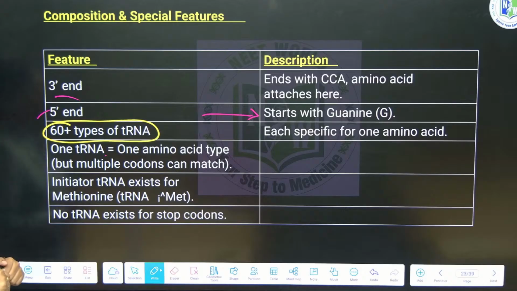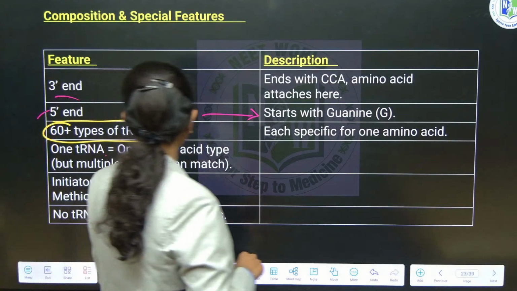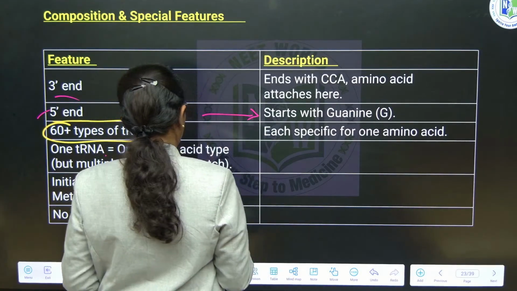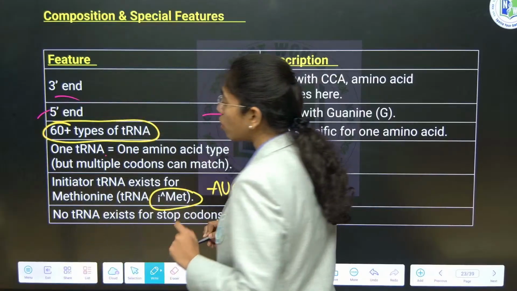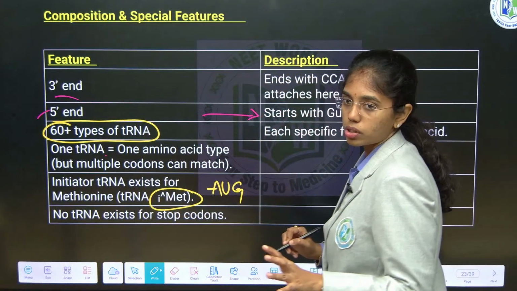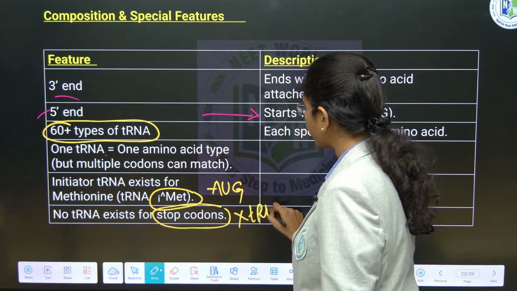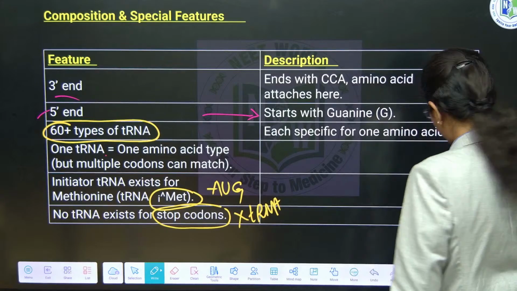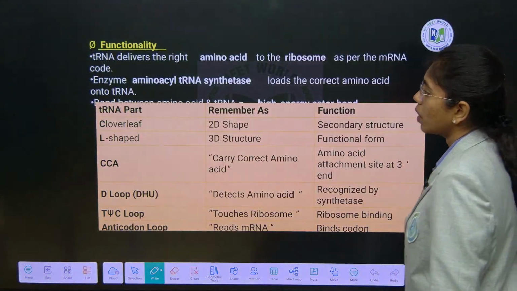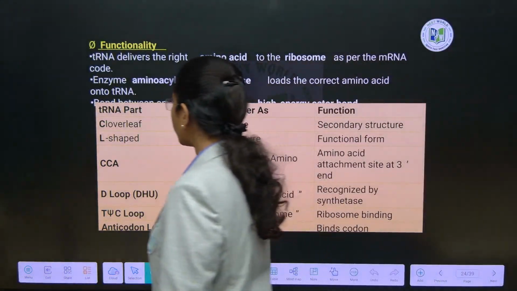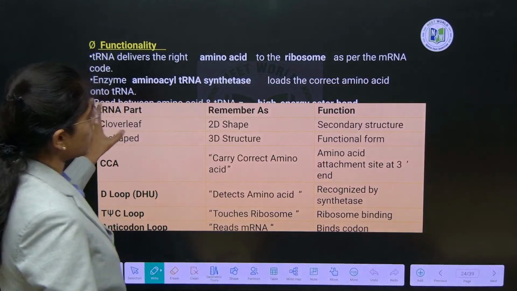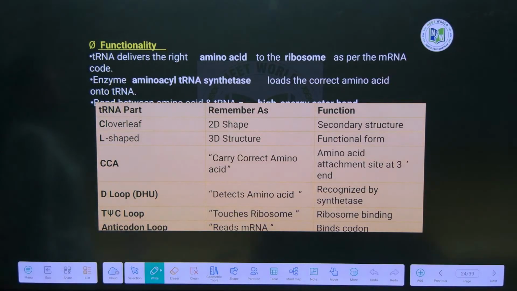The initiator tRNA is for methionine, having the codon AUG. And there are no tRNAs for stop codons. Whatever we have discussed is over here, just go with the table. If you have any doubt, let me know.